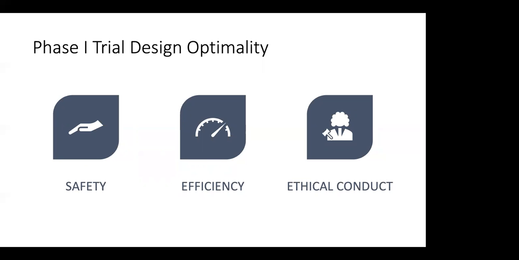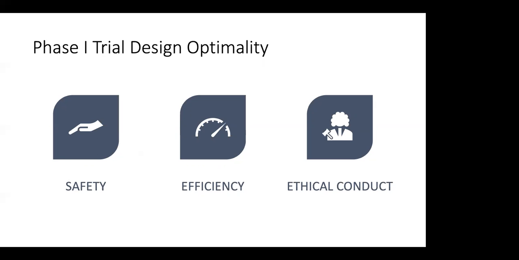For efficiency, there are two concepts involved. First, in a Phase 1 trial, we don't want to enroll too many patients just to try to find the MTD. We want to be able to estimate the MTD using as few patients as possible.